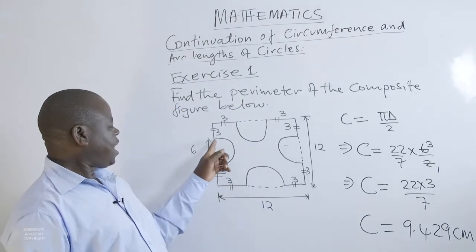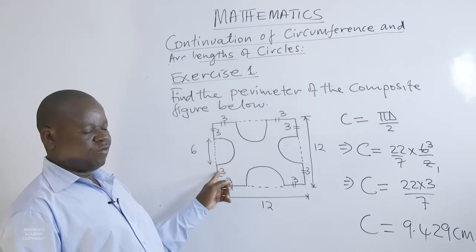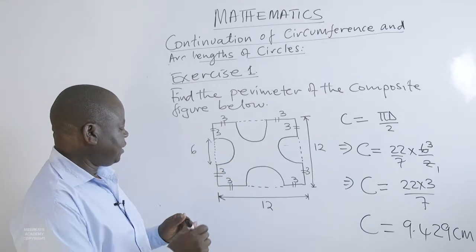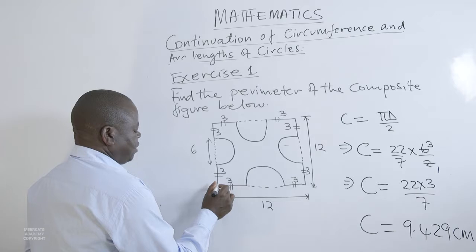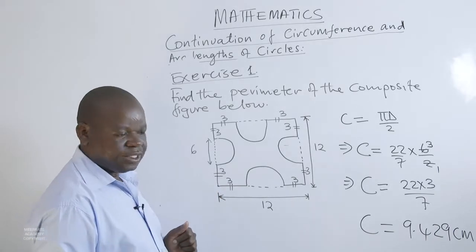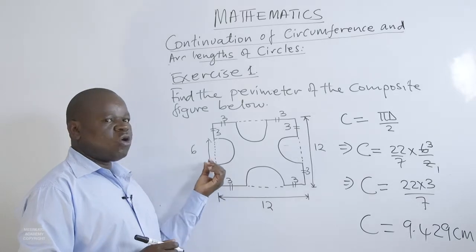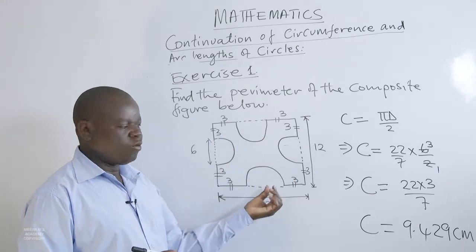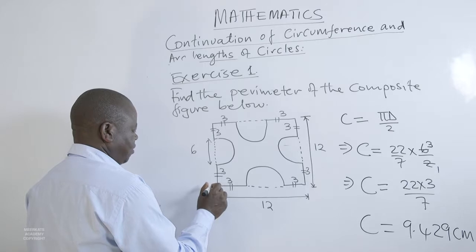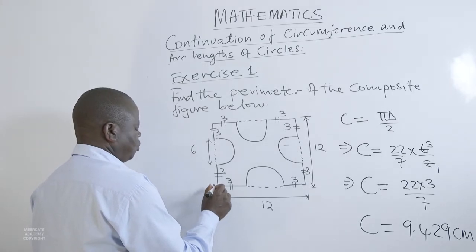So this is the curved length of 1, and there are 4. So we start the addition of what we said. If we are asked to find the perimeter, you add all the edges round back to where you started. Let's see how we do that. This is point A.